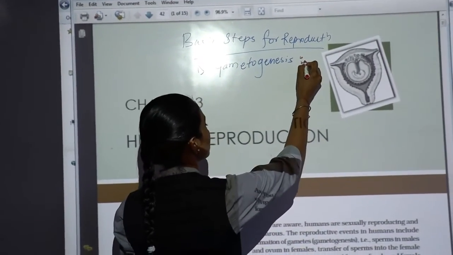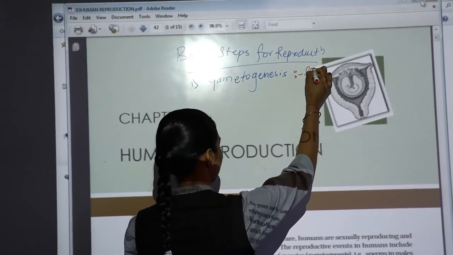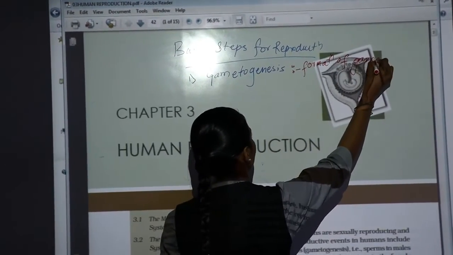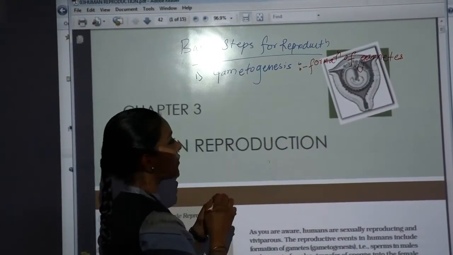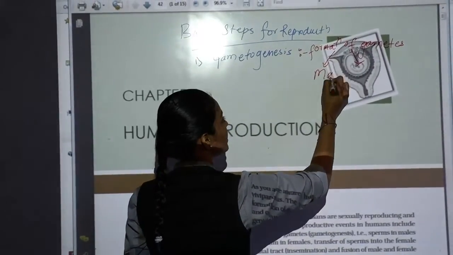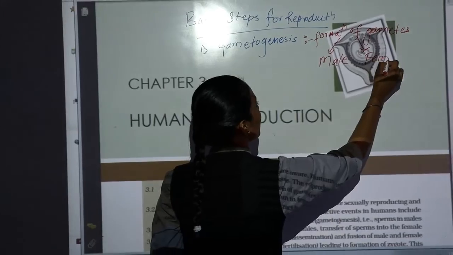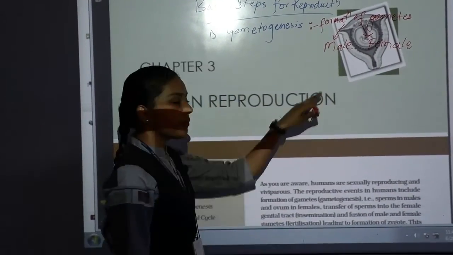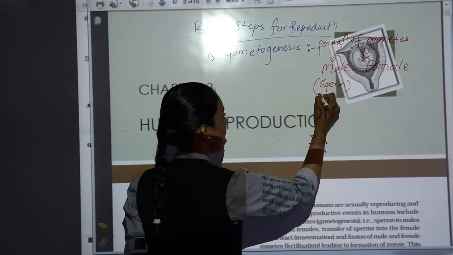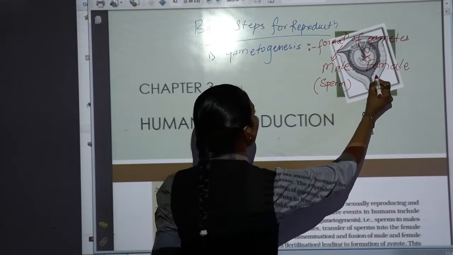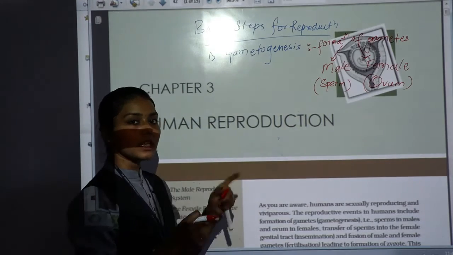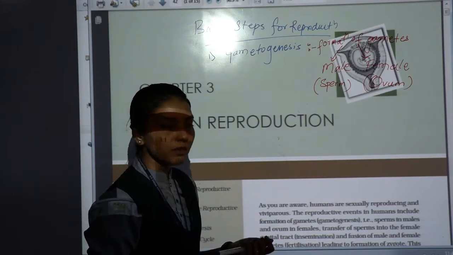Gametogenesis is a process of formation of gametes, male gametes and female gametes. The male gamete is also called the sperm, and in the female it is released in the form of an ovum or egg cell, as we have seen in sexual reproduction in flowering plants.